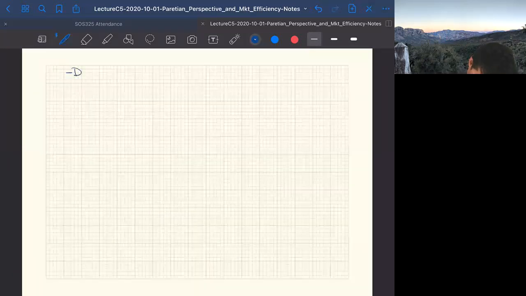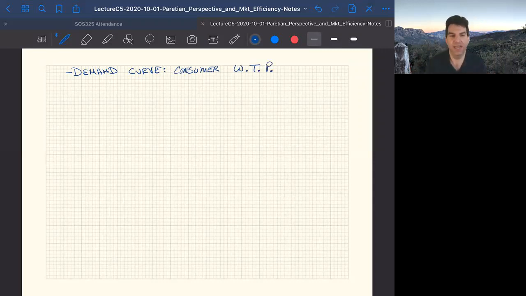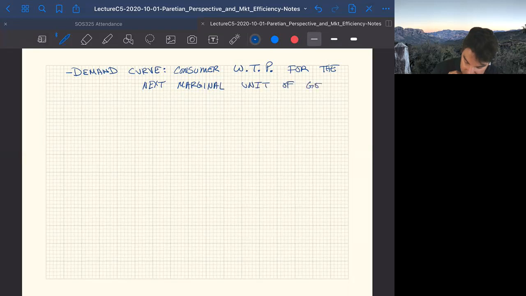And so the demand curve is the consumer willingness to pay, WTP, for the next marginal unit of good exchanged on the market.